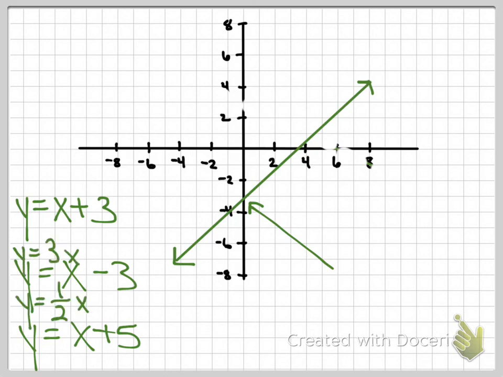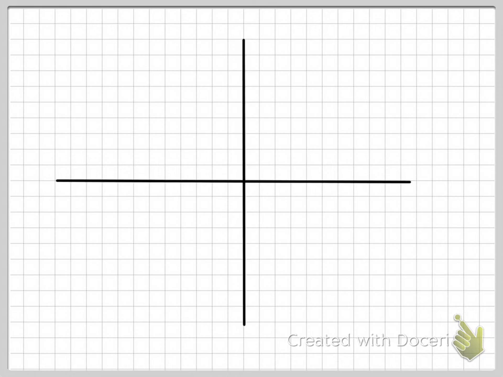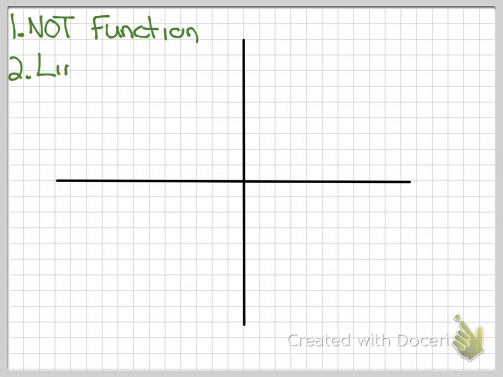All right, one last thing. Let me erase all these real quick. What if we need to go back and talk about linear and nonlinear functions? You have 3 choices. It is either not a function, or it's a linear function, or it's a nonlinear function.